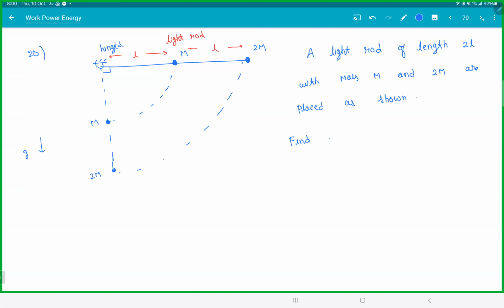Find the speed of m and 2m, and the tension in the rod at the lowest position. Question is clear, right?